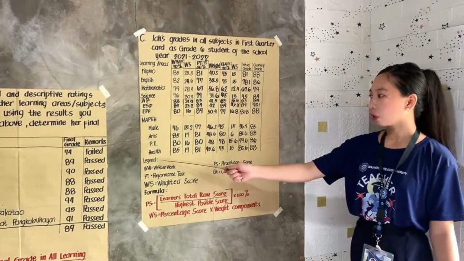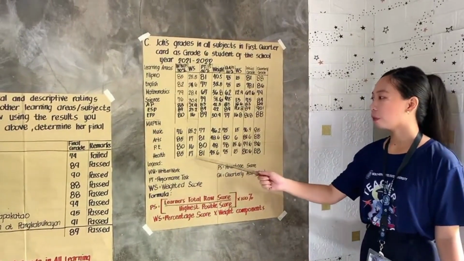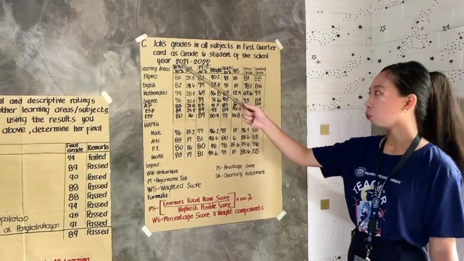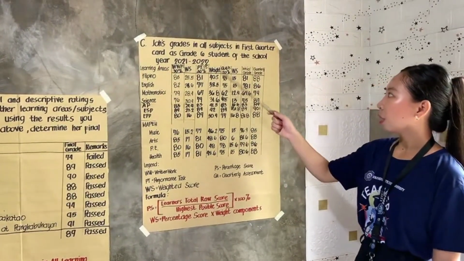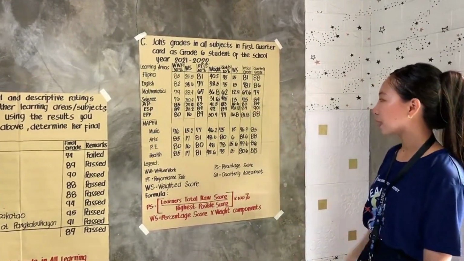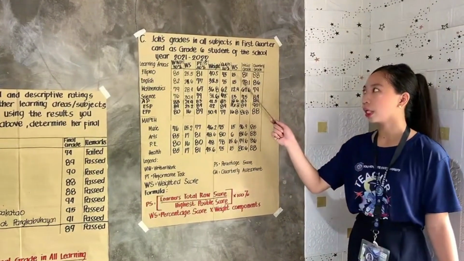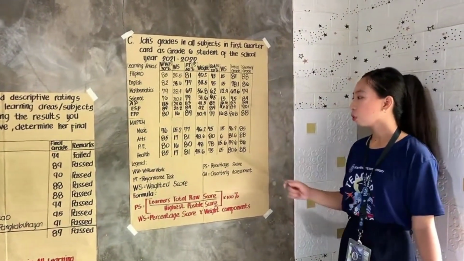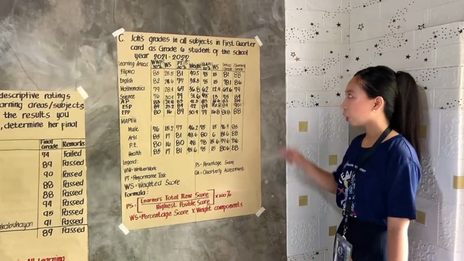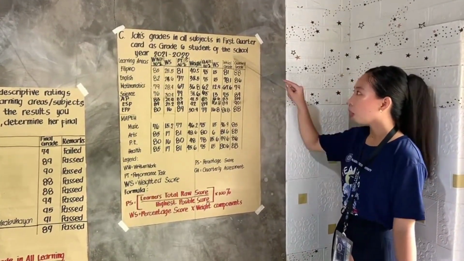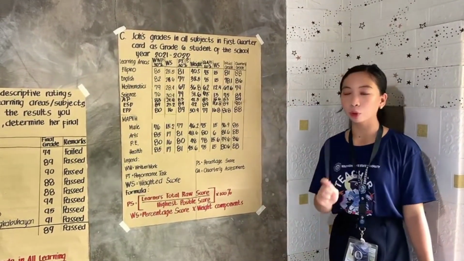And in health, he got 17 weighted score in written work, 45.6 weighted score in performance task, and 15 weighted score in quarterly assessment. Total is 80.6. So in getting the quarterly grade, all the initial grade will be transmuted.